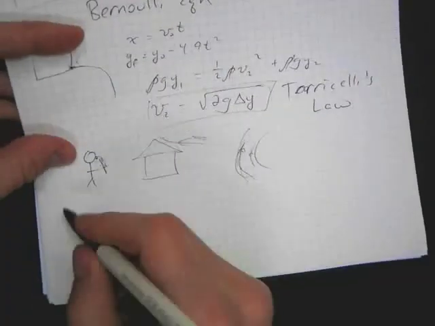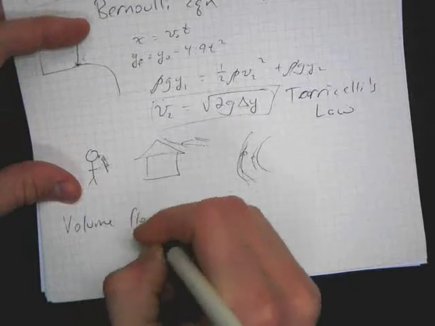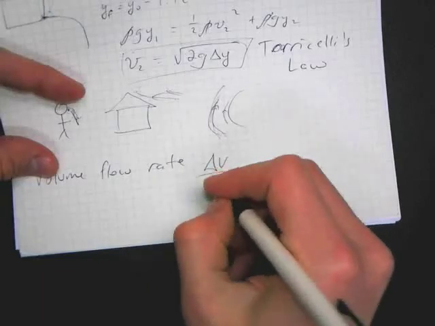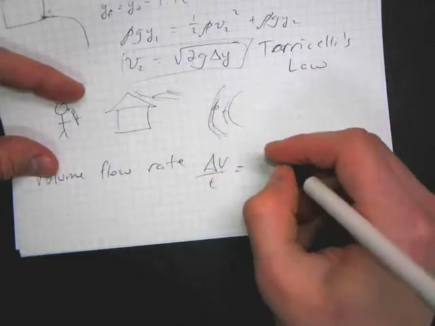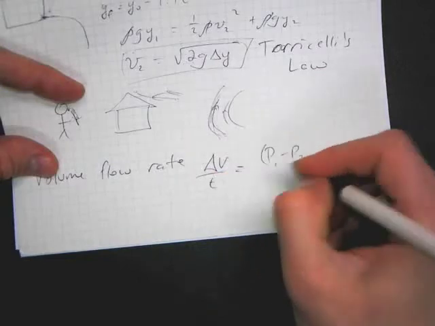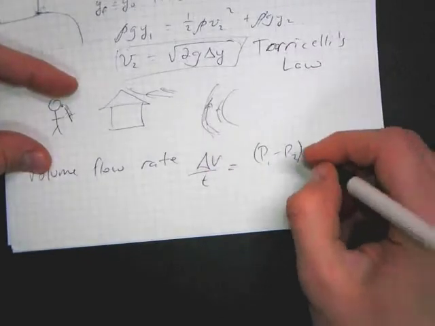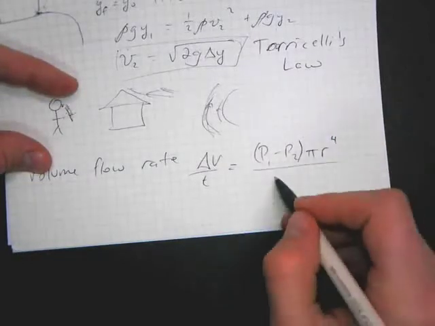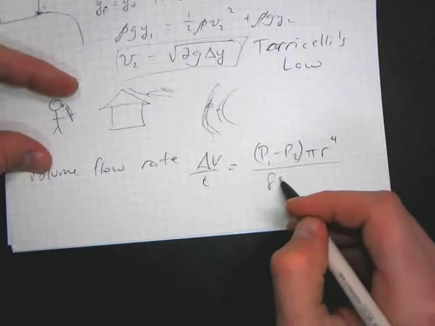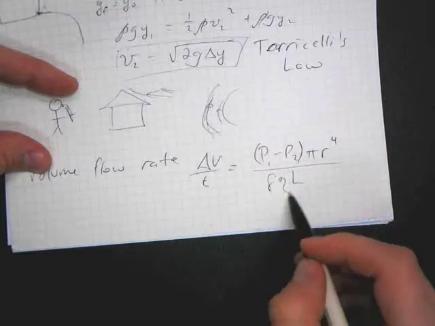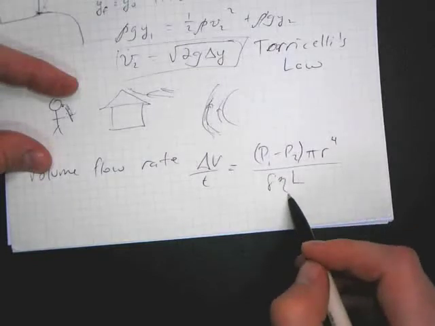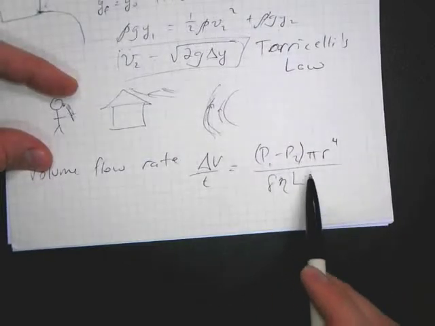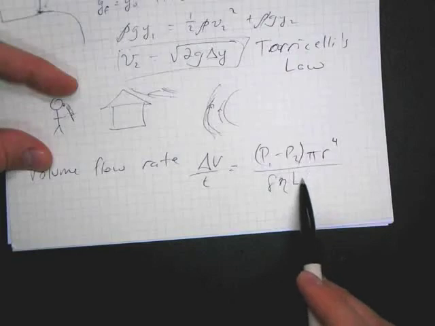The volume flow rate past a given point, the volume per time, is equal to, and a lot of things go into this, the pressure difference, which is basically the force, so that's important, times pi times the radius to the fourth, over 8 times eta times L. This is the Greek letter eta. It's kind of like a long N with this little tail. L is the length of the pipe or whatever it is.